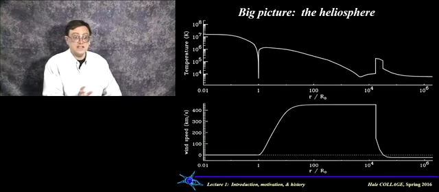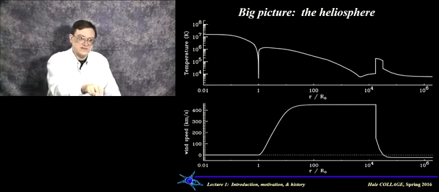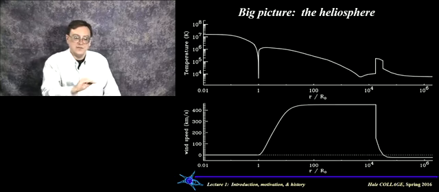Now, on this same scale, we can actually look at the outflow speed of the solar wind. So on the bottom, it's now a linear plot on the y-axis, and we can see that the solar wind gradually accelerates over the first 10, 20, 30 solar radii to a terminal speed, and it essentially coasts out through most of the heliosphere, and it drops from supersonic to subsonic at the termination shock, and essentially decreases to very small values.